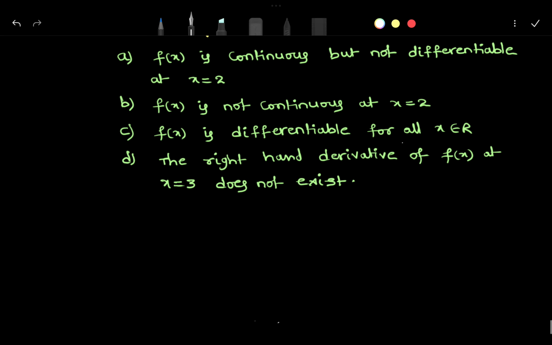See here, f(x) is equal to the integration from 0 to x of 5 plus modulus of 1 minus t dt. First you have to solve this one.